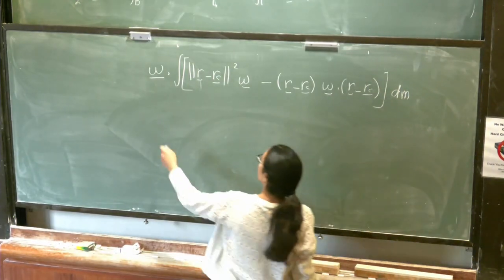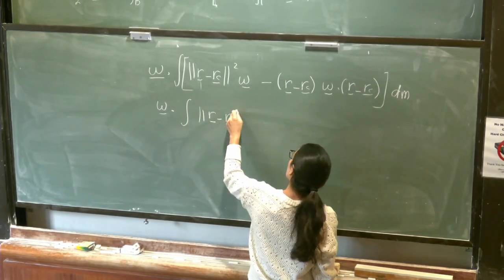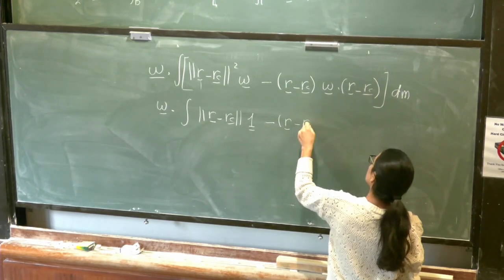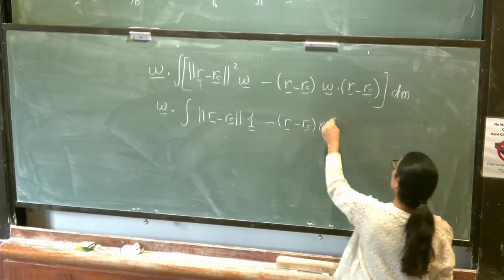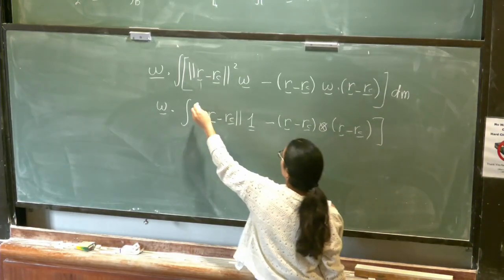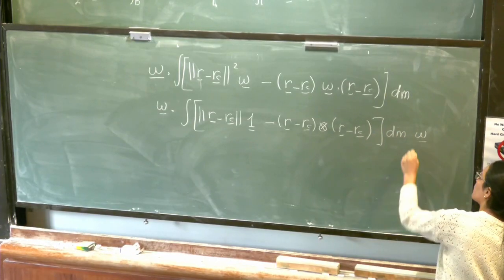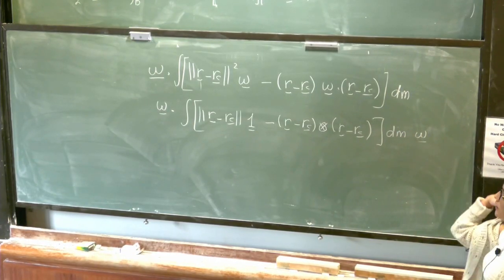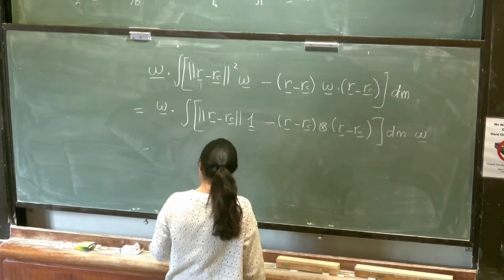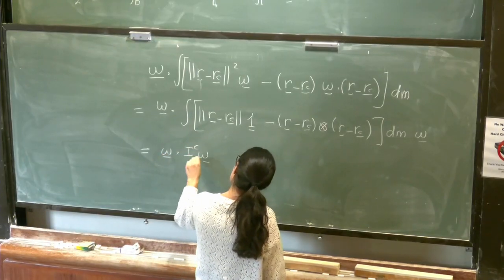This I can rewrite as omega dot the integral of (R minus RC) times the identity tensor minus (R minus RC) (R minus RC) dm omega, which becomes basically omega dot IC omega.